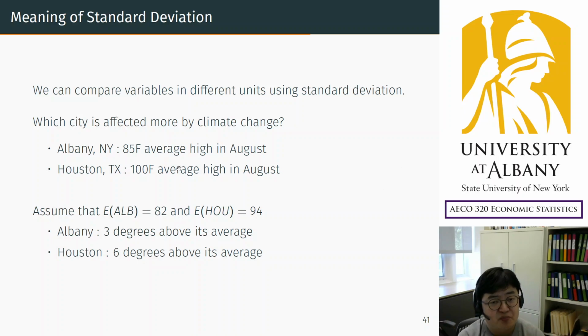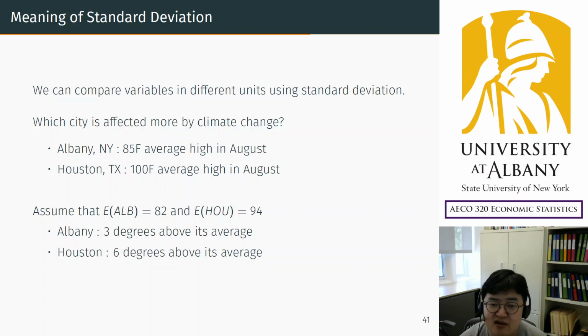And so suppose that the average high temperature in Albany was 85 degrees Fahrenheit in August, say. In Houston, it was 100 degrees. Of course, Houston is hotter than Albany. Everyone knows that. But I'm not asking about that.